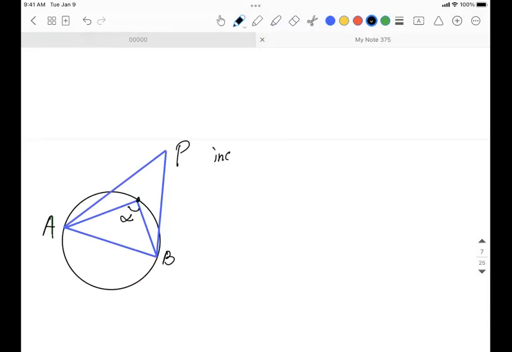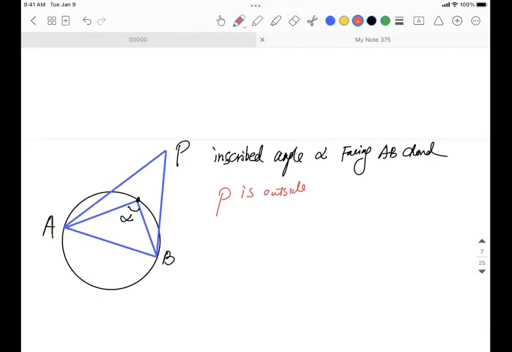So the inscribed angle alpha is facing the AB chord. Now, if P is outside my circle, angle P must be lesser than angle alpha.